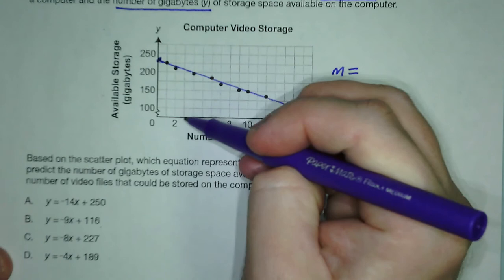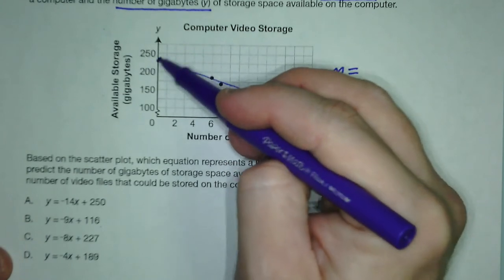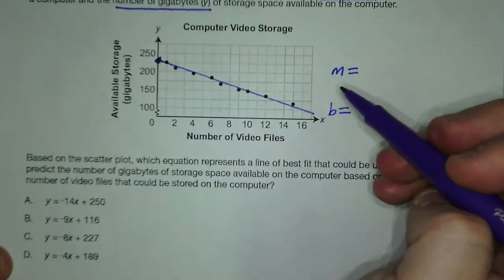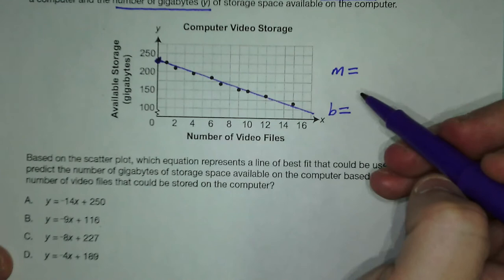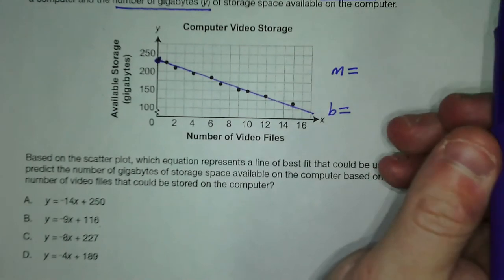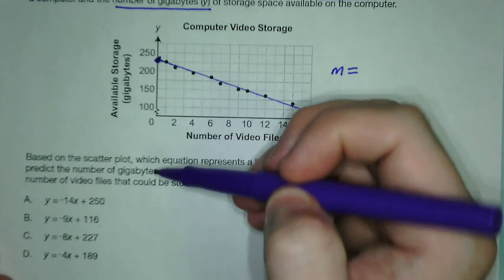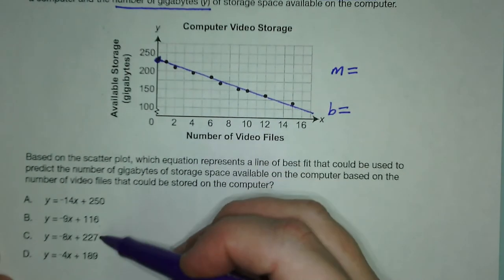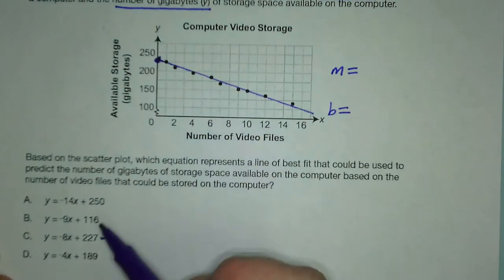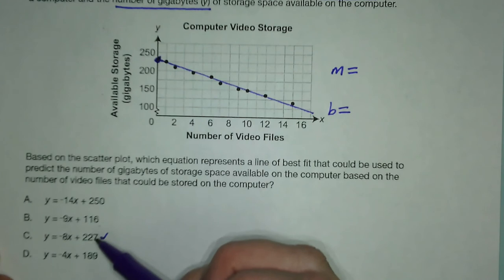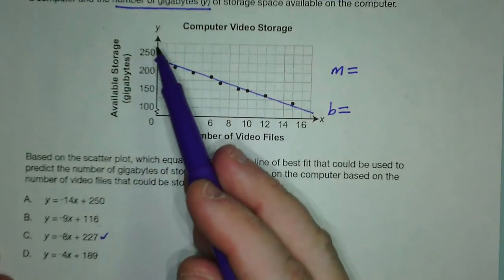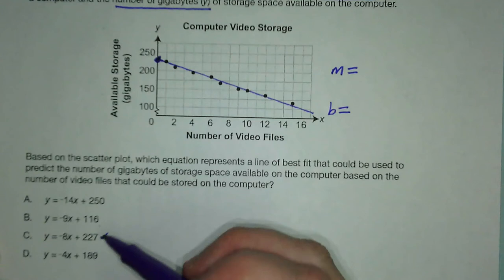We're not skipping anything. So yes, this actually is. So it appears, and we don't want to jump to conclusions, but it appears that 227 is looking pretty good. I mean, can you be sure about it?